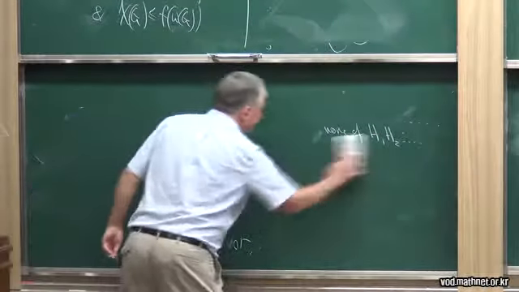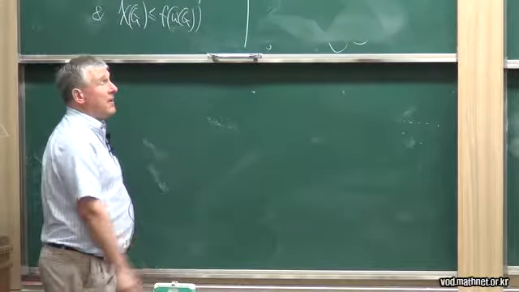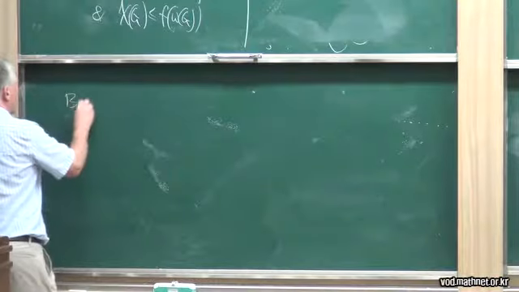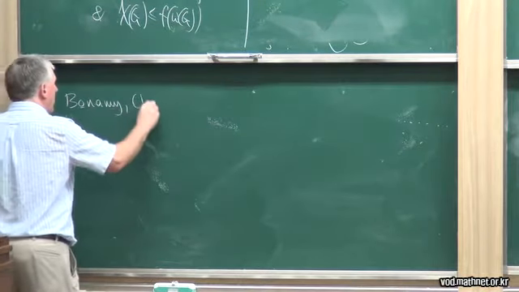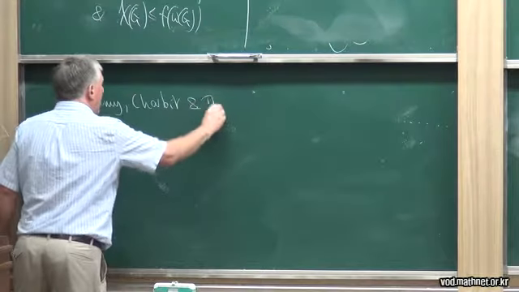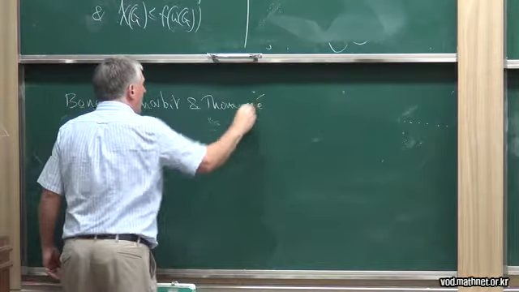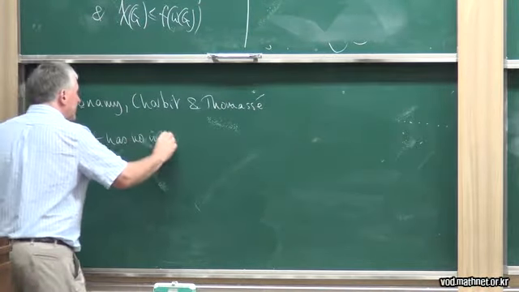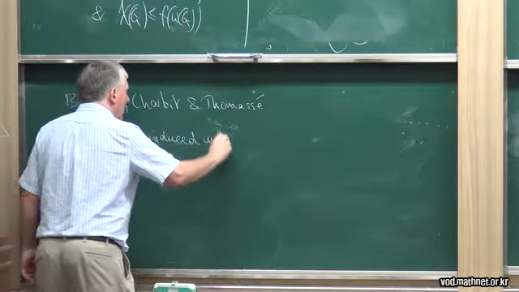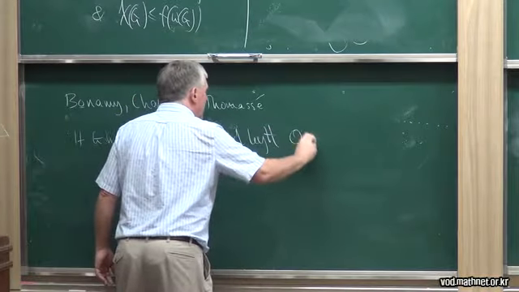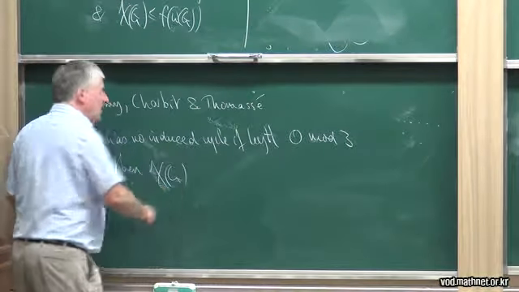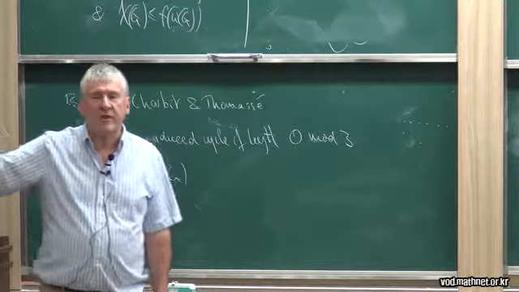There's a theorem of Bonamy, Charbet, and Thomassé that if G has no induced cycle of length 0 mod 3, then chromatic number, well, I don't want to say bounded by a function of clique number again, because you don't have any triangles.